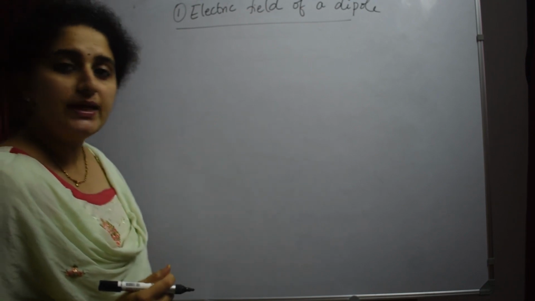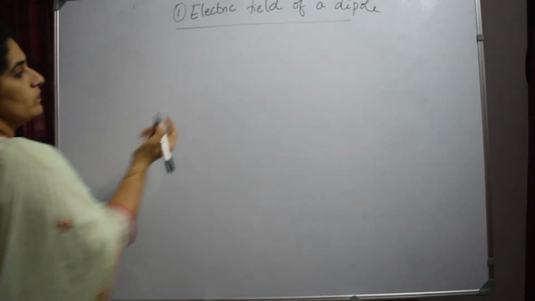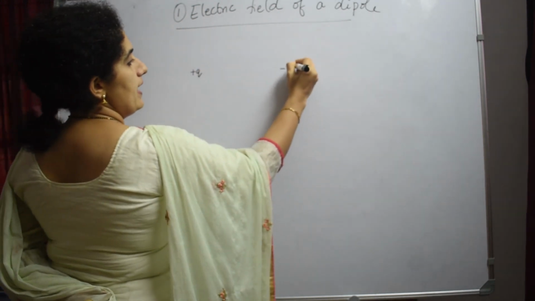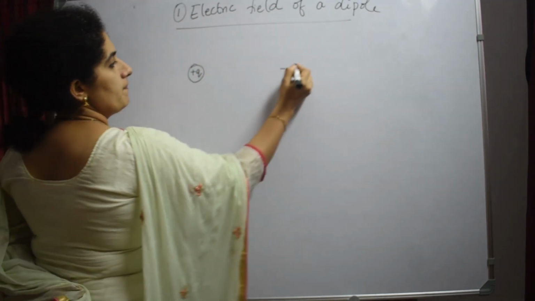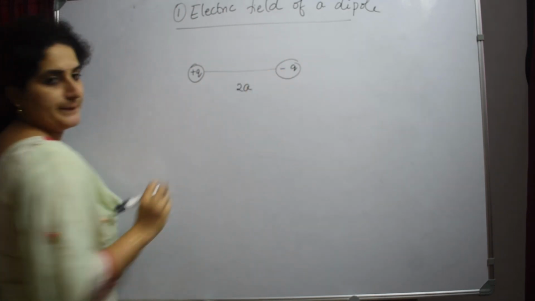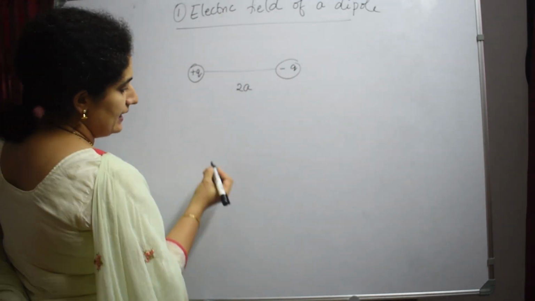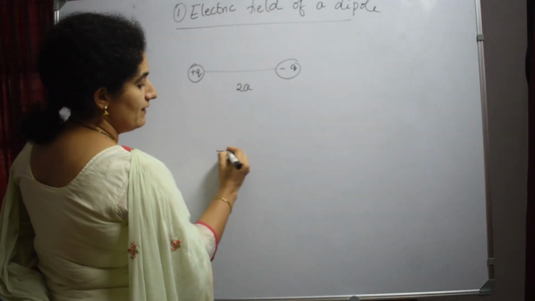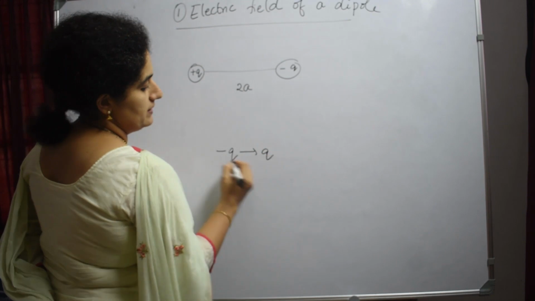Electric field due to a dipole. Consider the two charges plus q and minus q which are separated by a distance of 2a. One more thing, please note that the direction of the dipole is always considered from minus q to plus q.